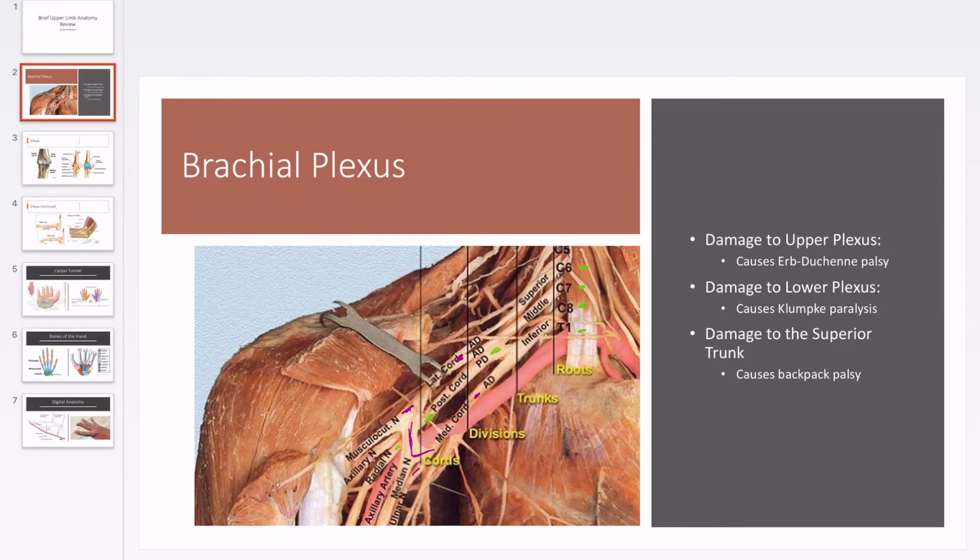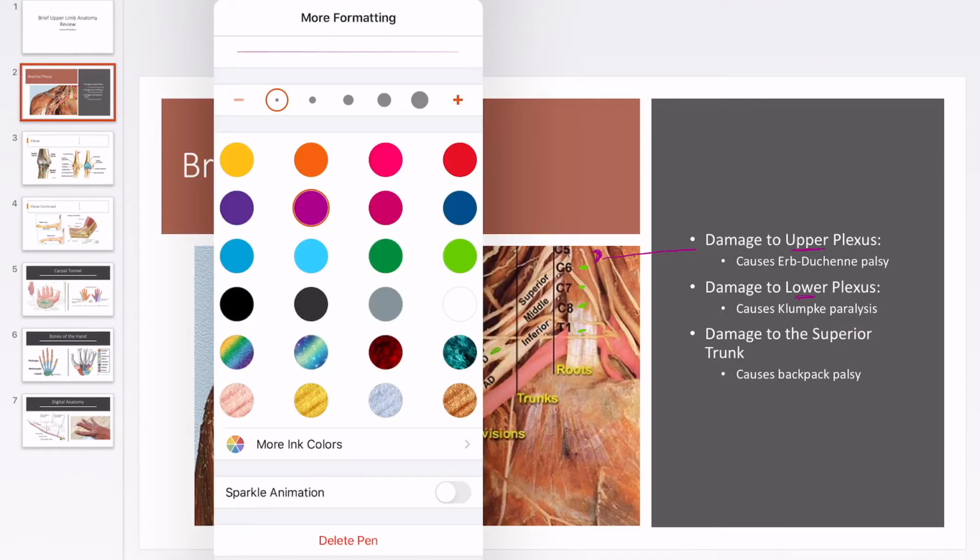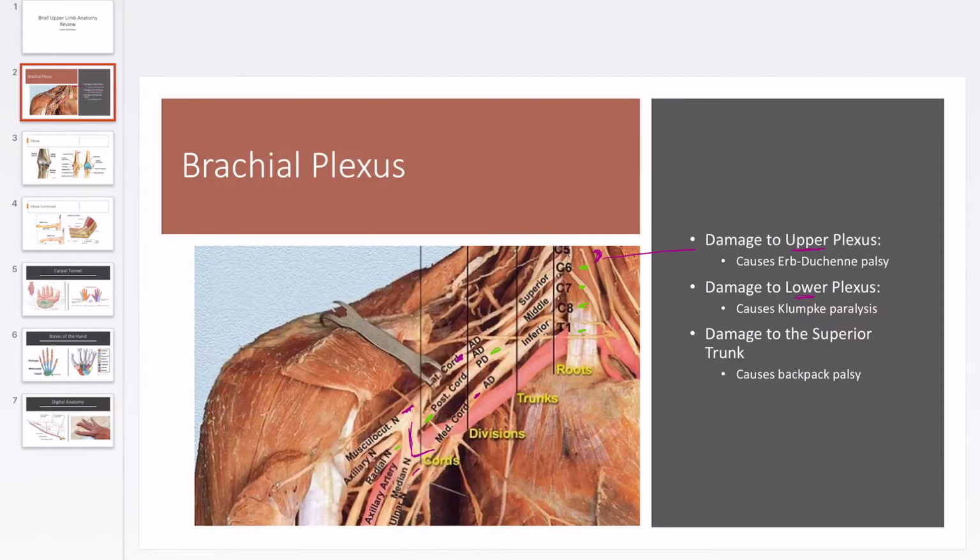When we talk about damage to the upper or lower parts, this would be upper, and damage to this area would be lower. So that's what we mean when we're talking about upper damage or lower damage. We're talking about those nerve roots.